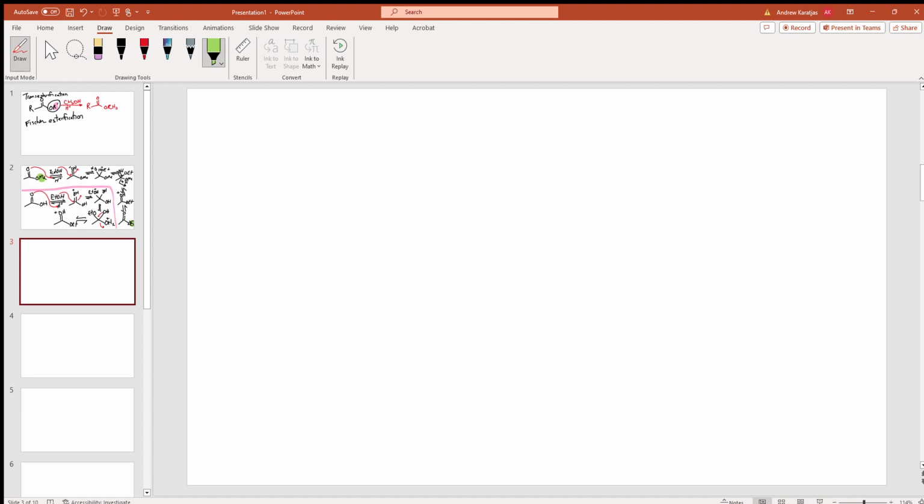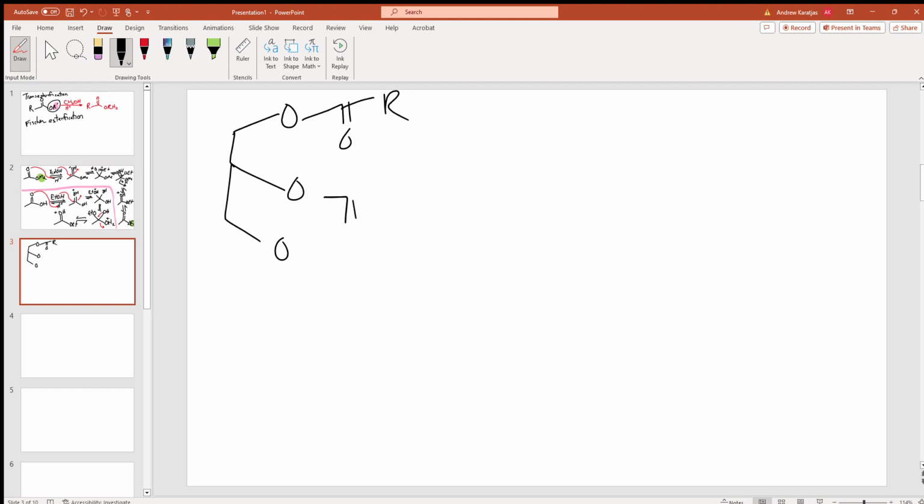One kind of interesting application of this, if we start out with a molecule like this, and these R groups can be any number of different long chains.